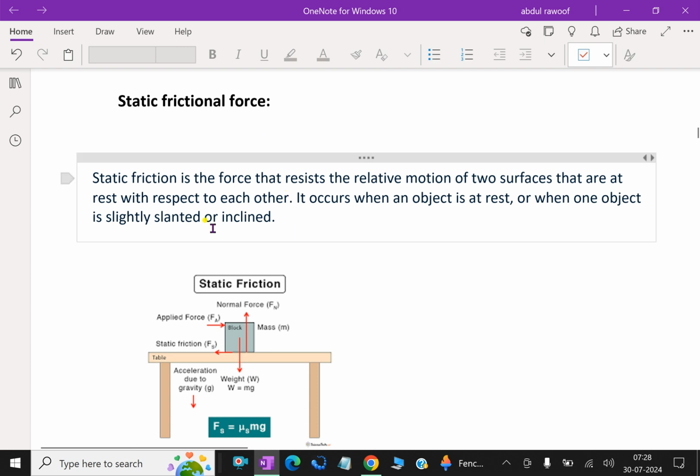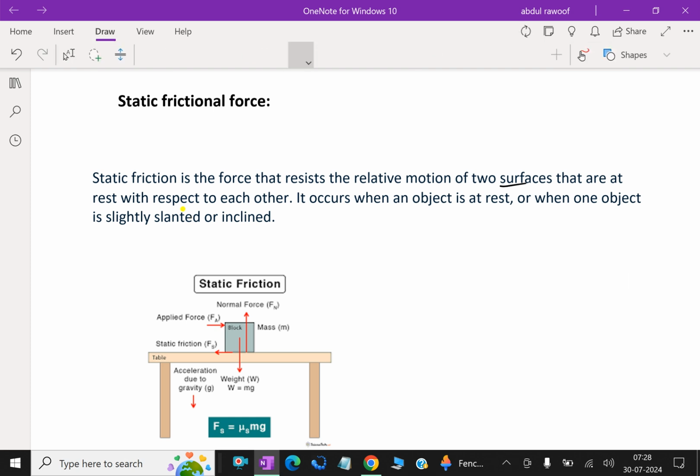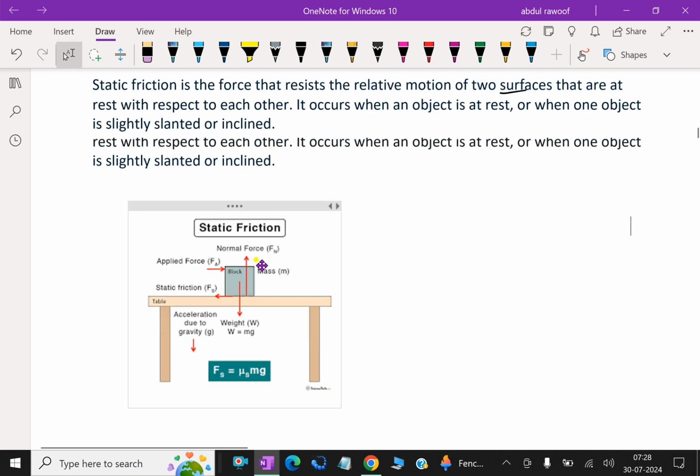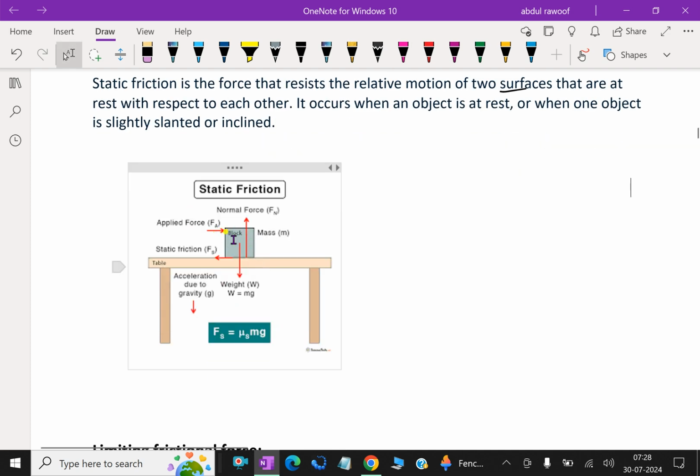Static frictional force. Static friction is the force that resists the relative motion of two surfaces that are at rest with respect to each other. It occurs when an object is at rest or when one object is slightly slanted or inclined. Suppose a body is lying on the table.